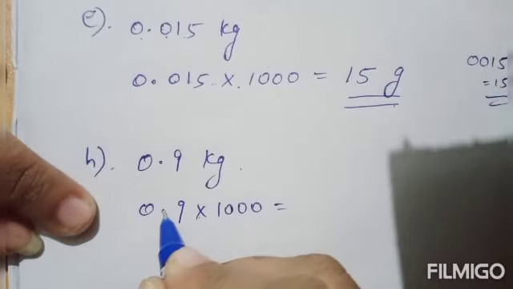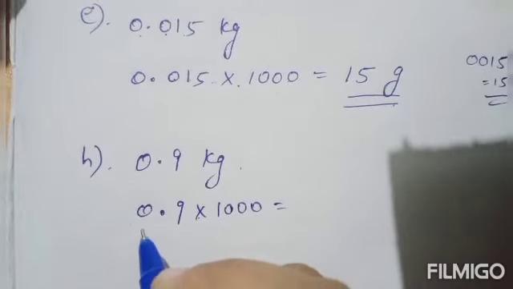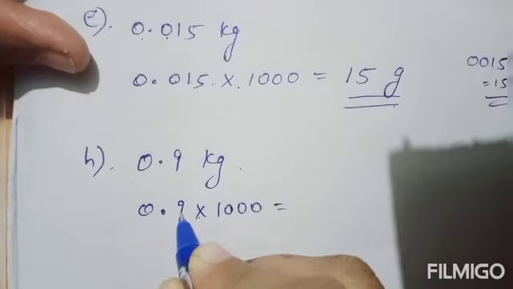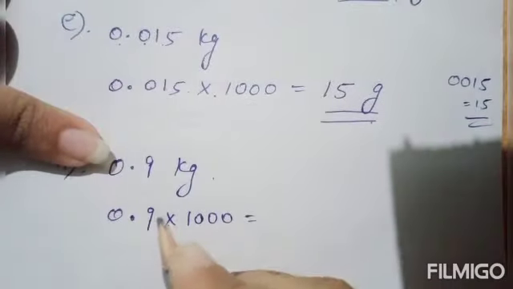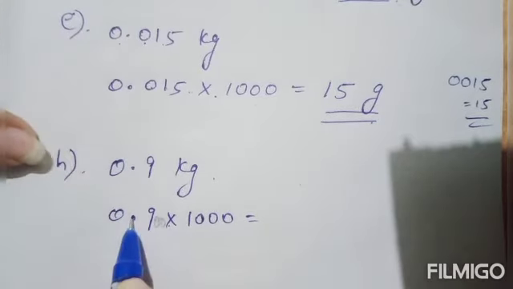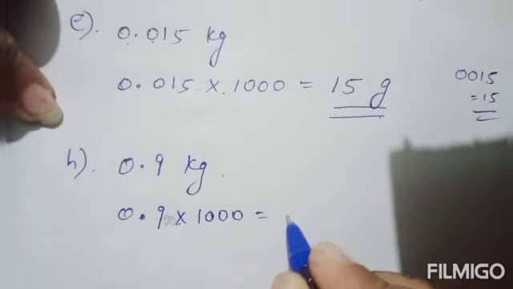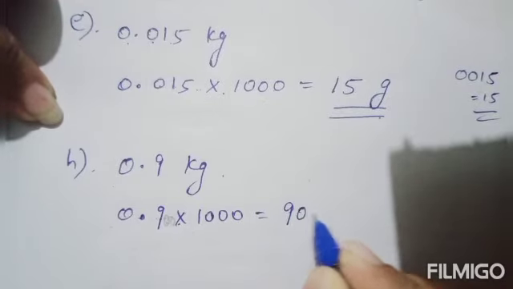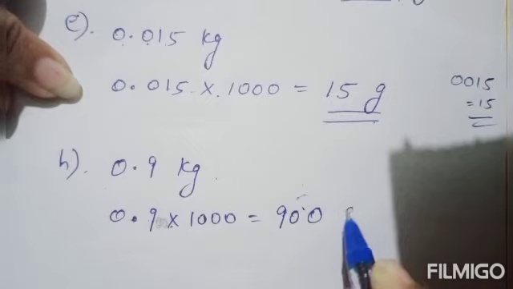Multiplication by 1000, decimal point will move 3 places to the right. Okay. So this is 1. Second and third place you can put zeros. Okay. So moving this decimal point 3 places to the right. This is 1, 2, 3. After this decimal point will come. So 900. 900 gram it is.